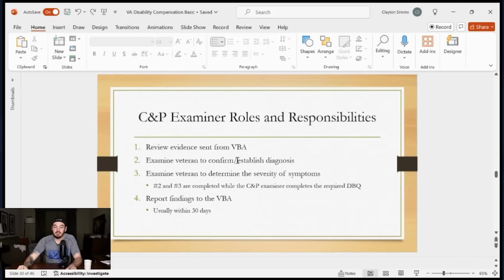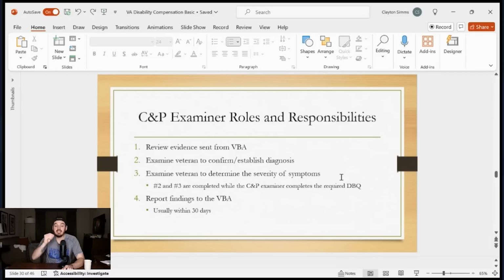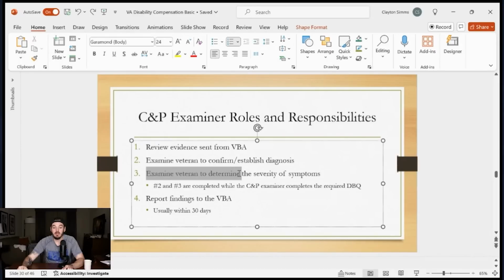When it comes to establishing that diagnosis, remember, it's not a healthcare exam. It's a legal exam. C&P examiners are very reluctant, or guarded, to give that diagnosis, but they will if you have the symptoms that would lead them to make the diagnosis for VA rating purposes, not healthcare purposes.